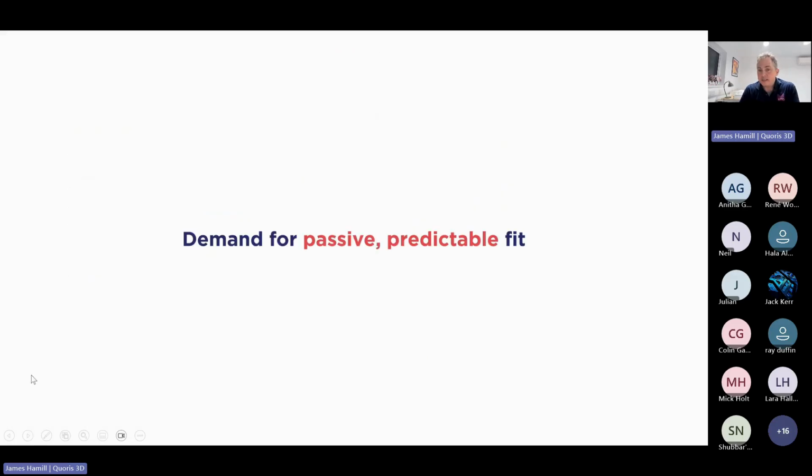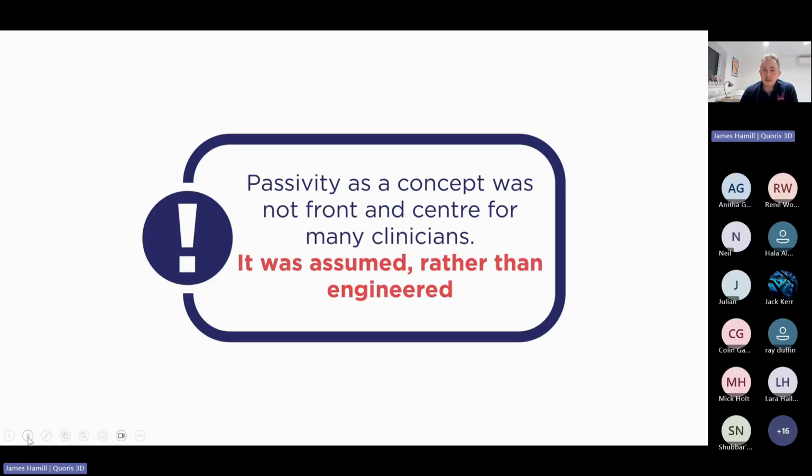But one thing that's really important to think about on top of all of this is now the demand for passive predictable fits. Everybody has gone passivity mad as well as digital mad. And we do need to look at that and understand why it's important. Because for many years, and certainly passivity has really only come into the equation over the last 4 or 5 years in these types of workflows in a big way, because it was often assumed, it was often sorted out by the laboratory through maybe some trickery to make sure that things fitted.